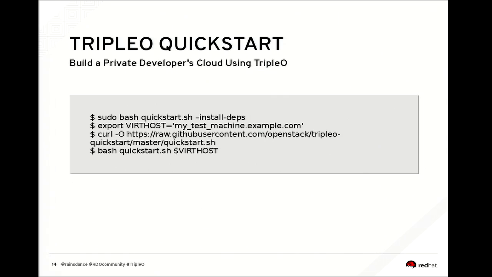So the virt host is defining the fully qualified domain name of the system you want to create everything on, and then calling the script, and then actually running the script against that system. You could technically run this from like a Raspberry Pi, and then you point it to your system.